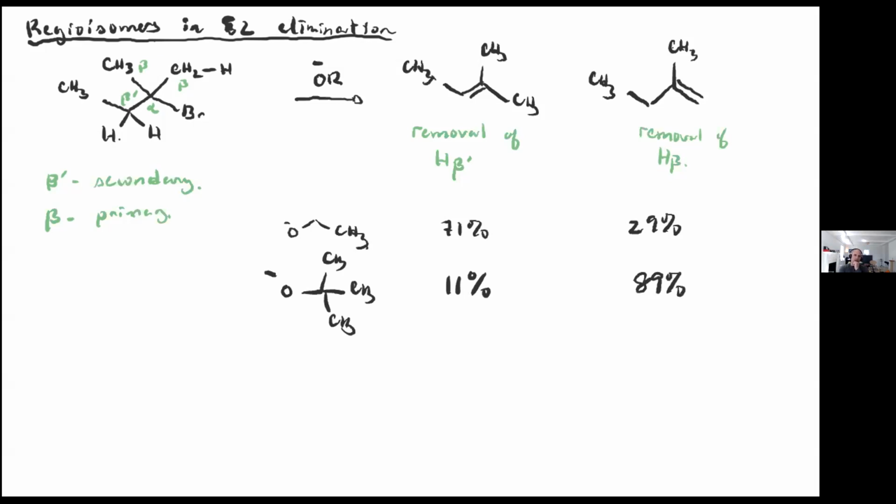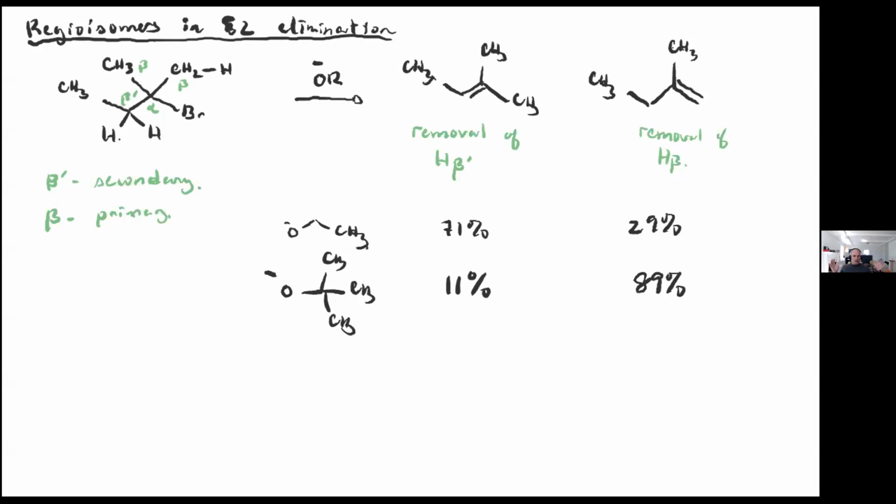Okay, and it's analogous to what we just described in the last section. So the T-butoxide is very big, and before we were distinguishing displacement from elimination. Now we're distinguishing elimination of a hindered proton from elimination of an unhindered proton.